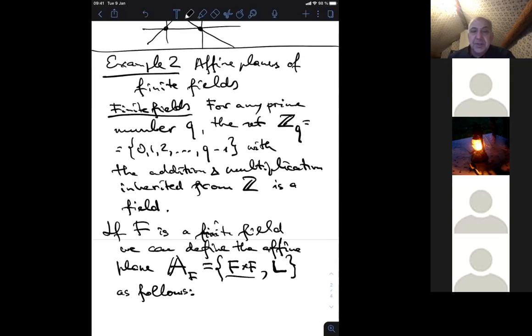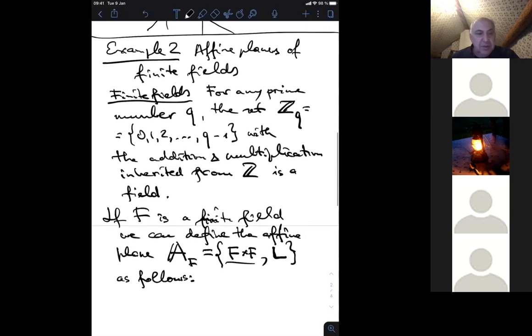So points would be just pairs of elements in the prime field. So it's just the usual Cartesian square. Now, what about the lines? The lines would be of two different kinds.